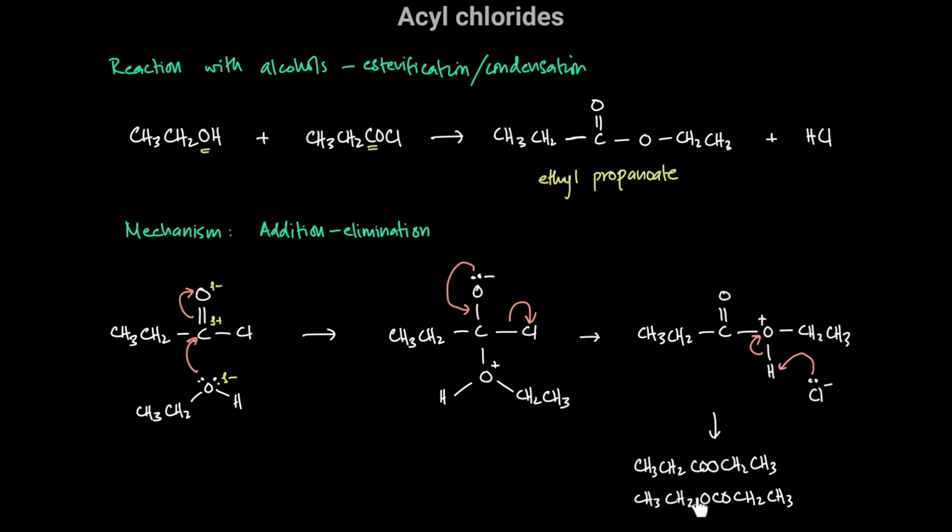So if we see an OCO here, it means that the alcohol part is written first and then the acid or the acyl chloride part. Okay, so these two are the exact same compound. Here we're talking about the structural formula with the acyl chloride or the acid part written first, and here the alcohol part is written first. So you can write down the structural formula as this or as this, right? And you also get HCl.